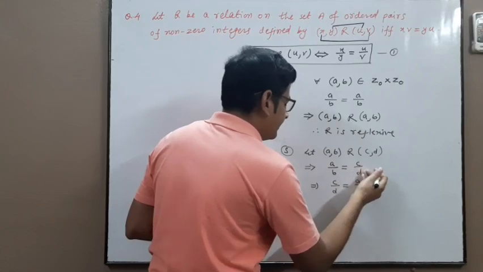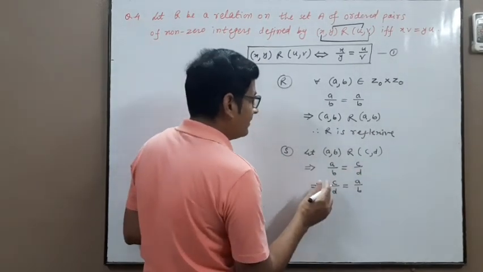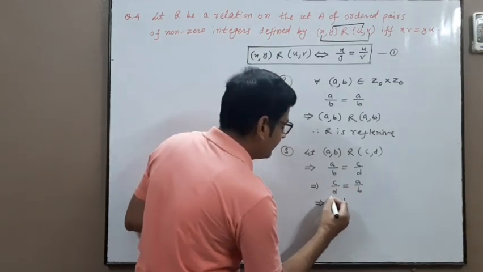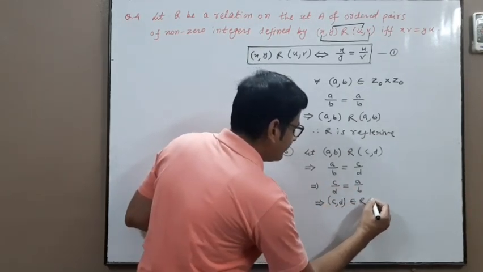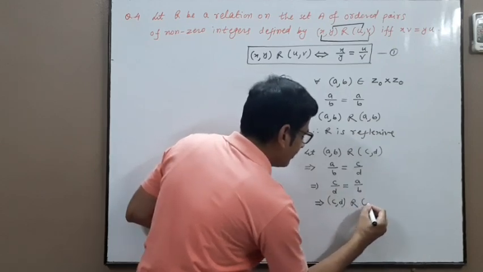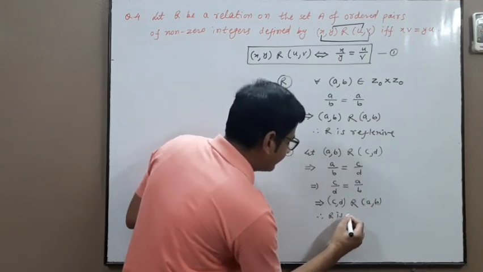This equal to this, then this equal to this. Implies, by definition, c upon d equal to a upon b means (c, d) is related to (a, b). Therefore R is symmetric.